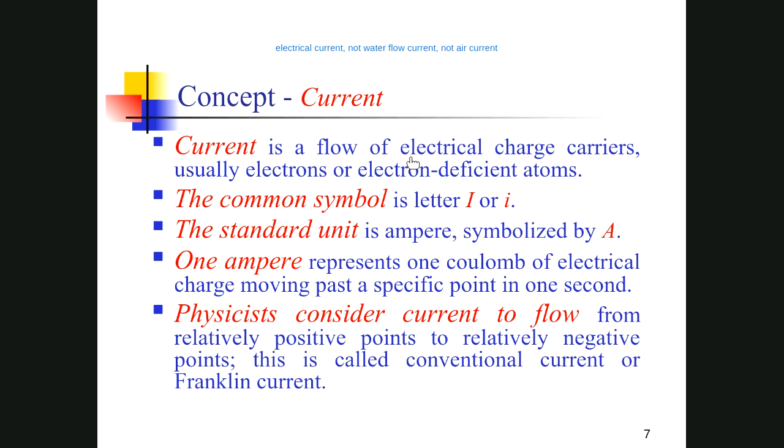The current is a flow of electric charge carriers, usually electrons or electron-deficient atoms. As I just mentioned, any material consists of atoms, including the human body. Any object in this universe consists of atoms. Atoms consist of electrons surrounding the nucleus.